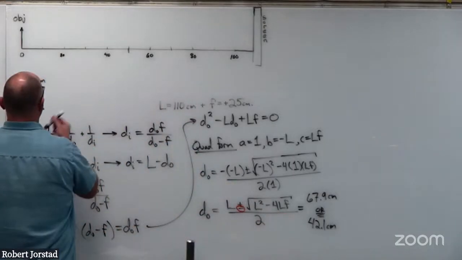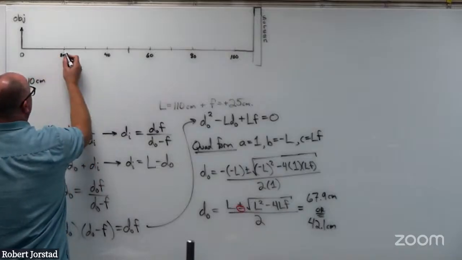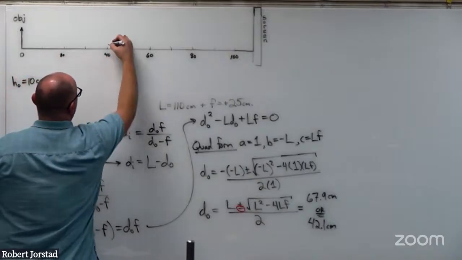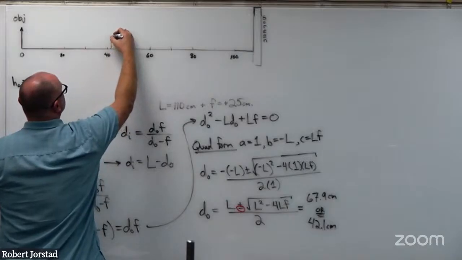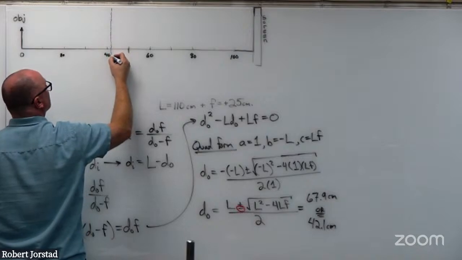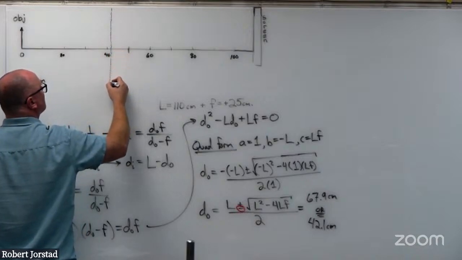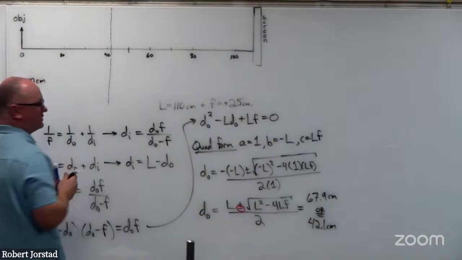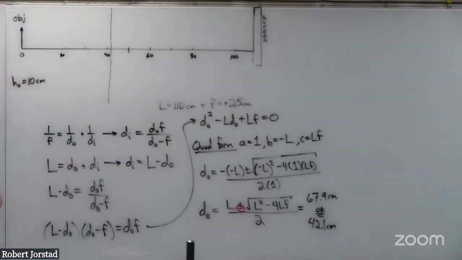So 42, 10, 20, 30, 40, and 2. So instead of drawing a lens, I'm going to just draw a dotted line, and then I'm going to try to draw the rays in the same order as I recommend.